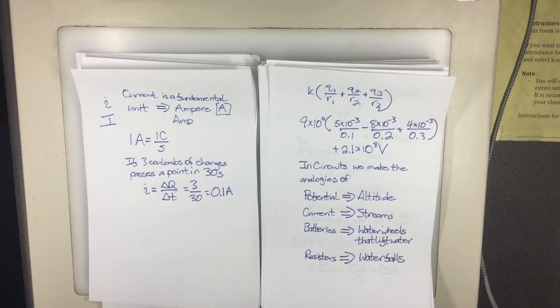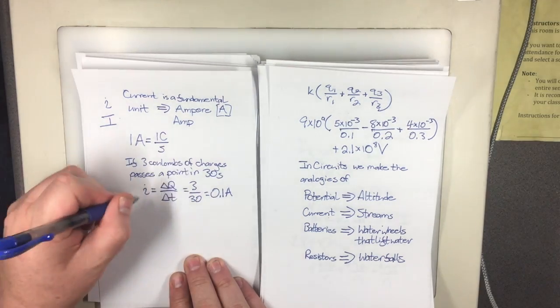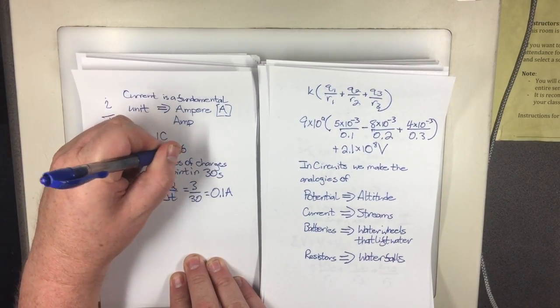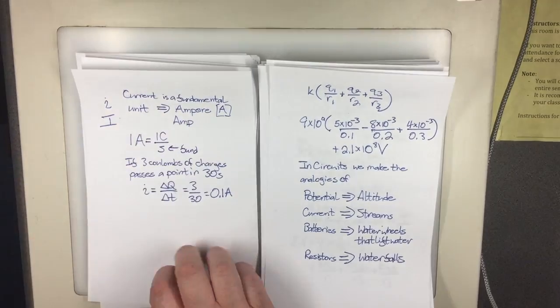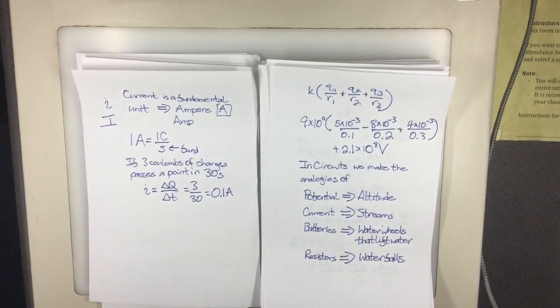However, why isn't coulomb a fundamental unit and current is? Current is coulombs per second. And so there is a fundamental unit of second. If that's fundamental, how can ampere be fundamental? And so it's really kind of a practical experimental way.